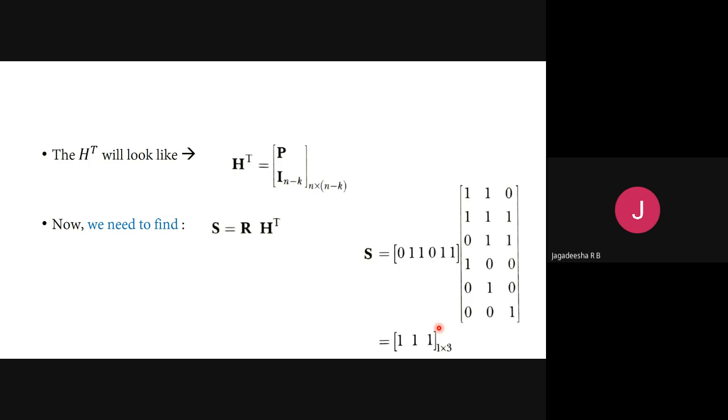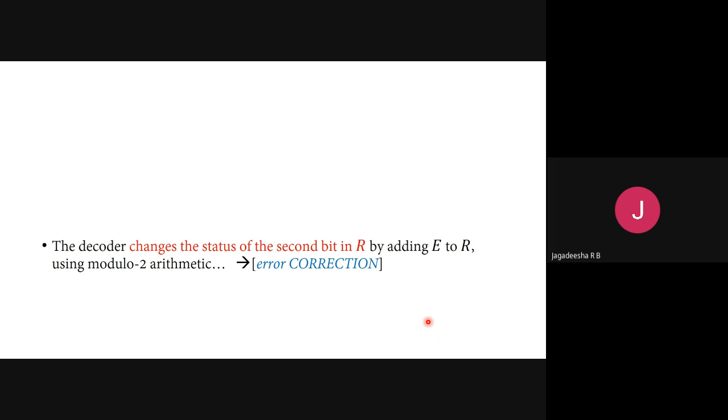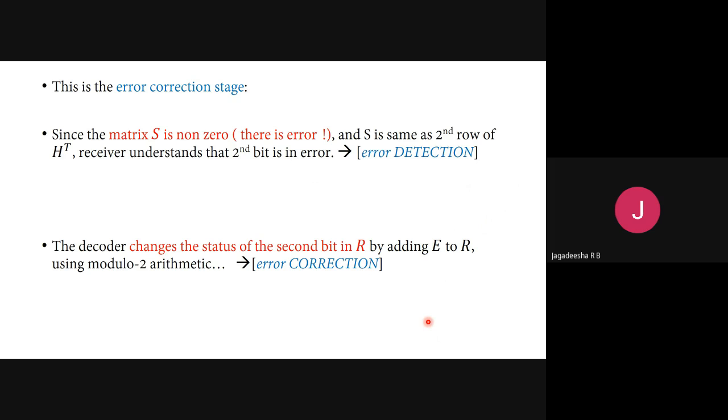Please remember, in general, if S is the same as any ith row of H transpose, then there is some relation between the ith row and S. In this case, S is the same as which? Second row. So there is some relation between this, to understand the error. So here, S is the same as the second row of H transpose. The receiver understands that the second bit is in error.